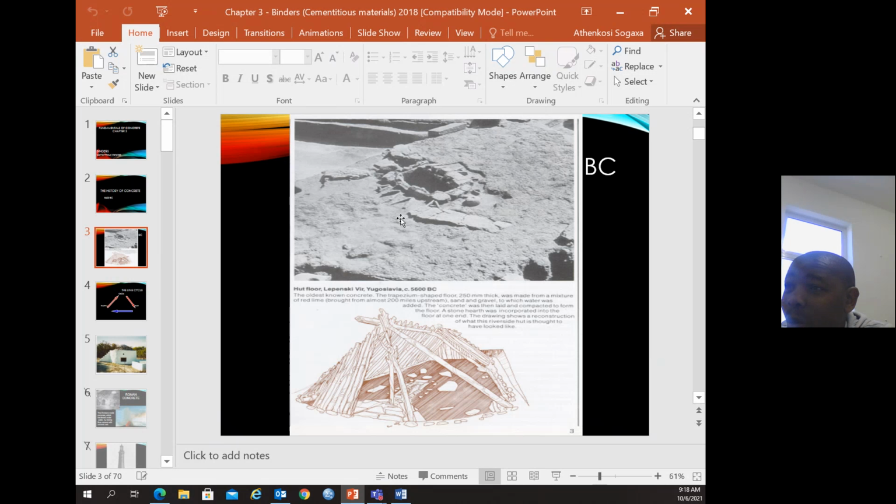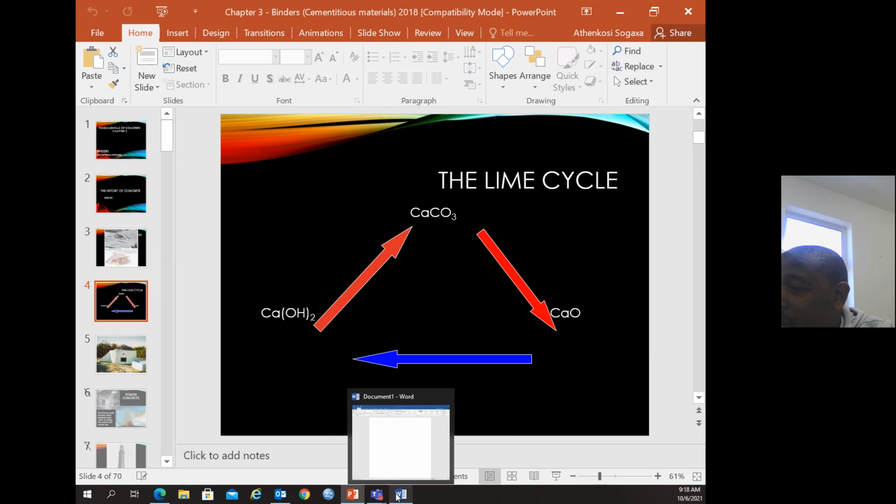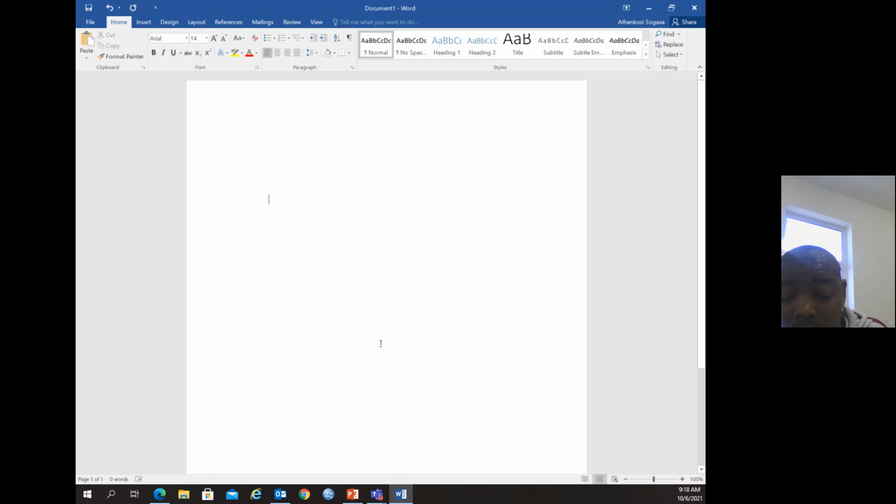After that you have the lime cycle, which is the limestone cycle. Here you have calcium carbonate, calcium oxide, and calcium hydroxide on this side. When you draw the lime cycle, it is preferable that you do it this way.